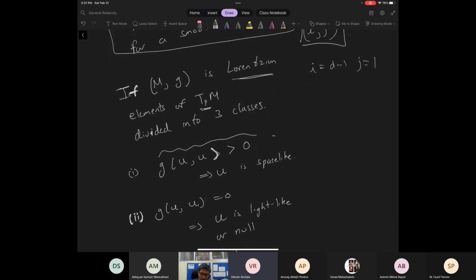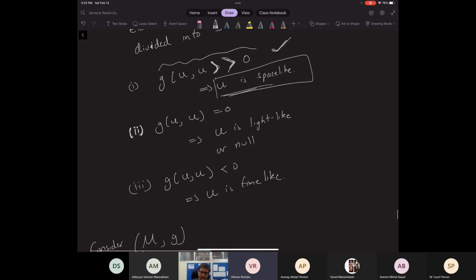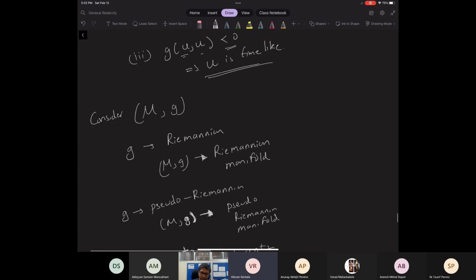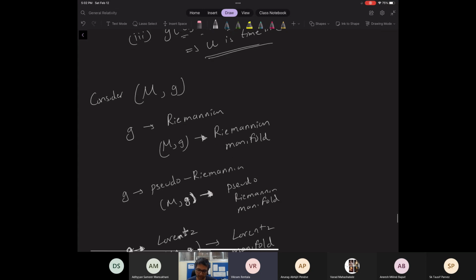So you can have positive eigenvalues, in which case you say that the vector U is space-like. If U has a positive dot product with itself, U is space-like. If the dot product with itself is 0, then U is light-like or null. And if the vector U has a dot product which is negative, then U is time-like. You can understand where this terminology is coming from, and we'll work it out right now.